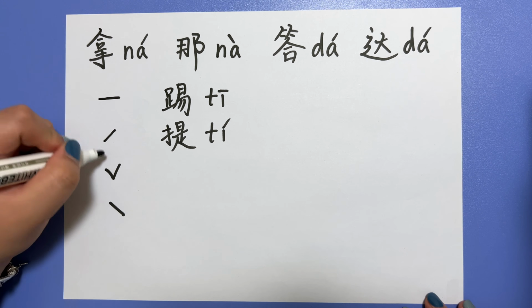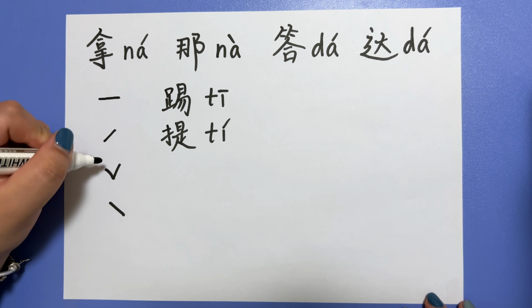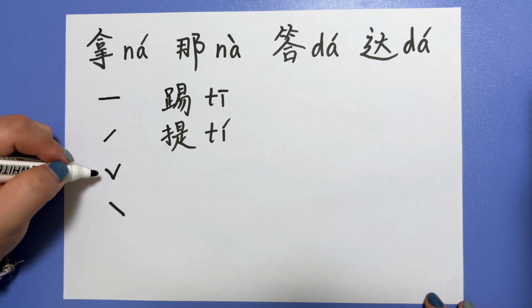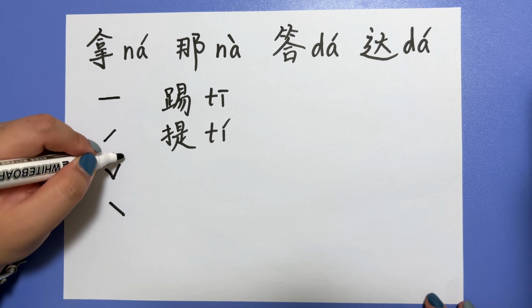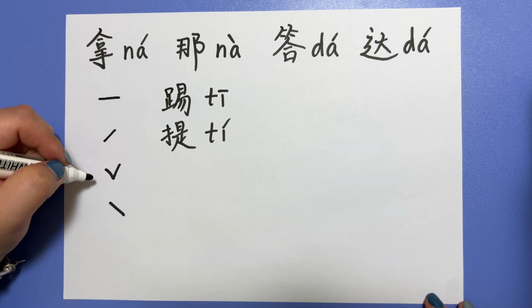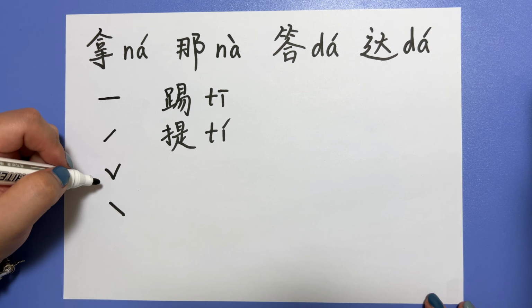The third tone is the opposite of the first tone. It's a low tone. Specifically, it's a low tone that falls a bit. You might have learned that the third tone is a falling, rising tone. Let's call it the fall third tone. The fall third tone only occurs when we pronounce the third tone in isolation, or it's at the end of a word or sentence.